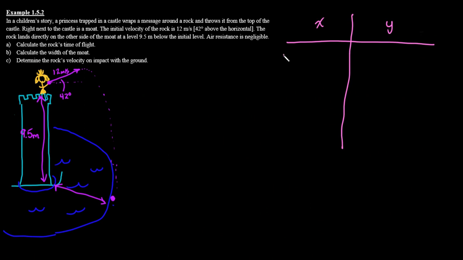The initial velocity in the x direction is equal to the magnitude of that initial velocity times, remember with projectile motion, the x is always related to the cos of the angle they give you. So we're taking 12 meters per second and multiplying by the cos of 42 degrees to get our initial velocity in the x direction.